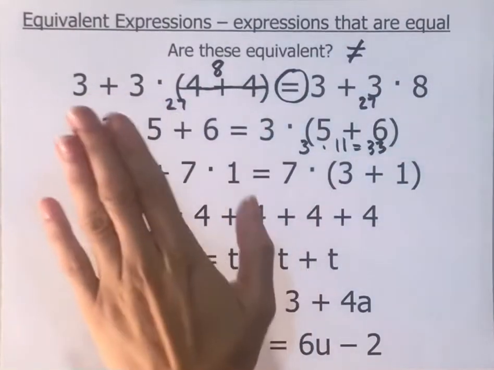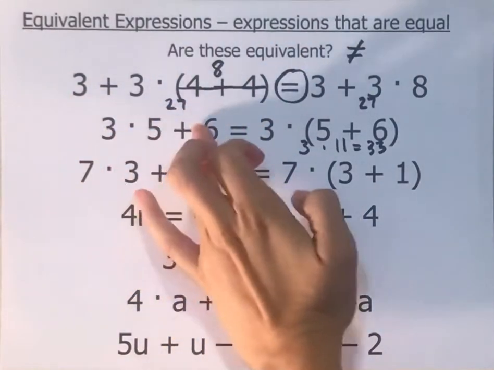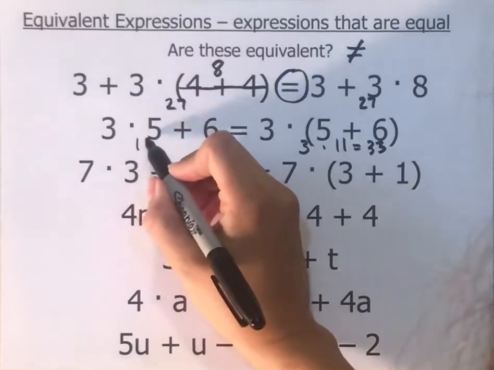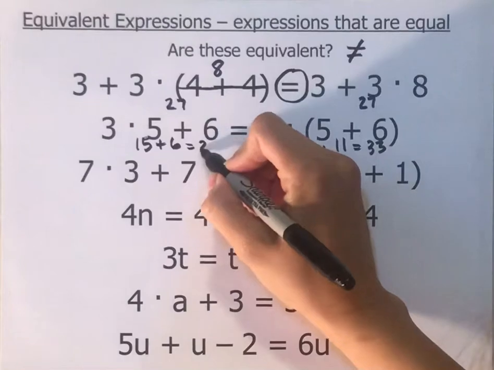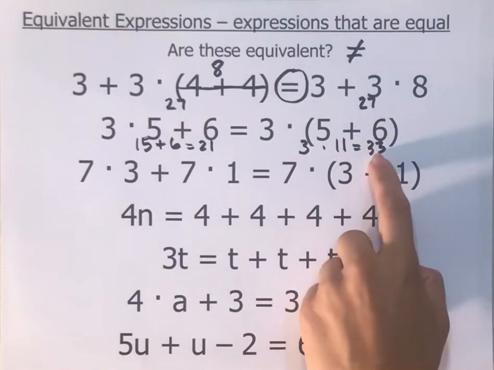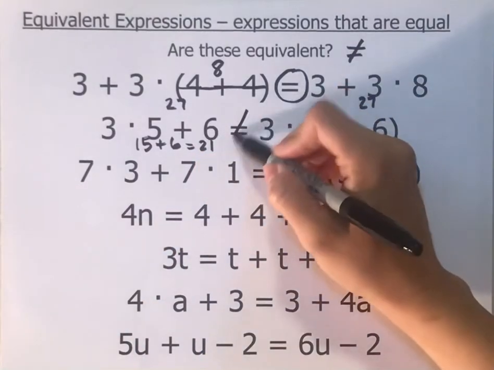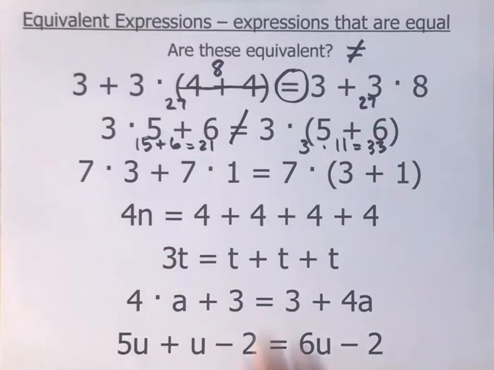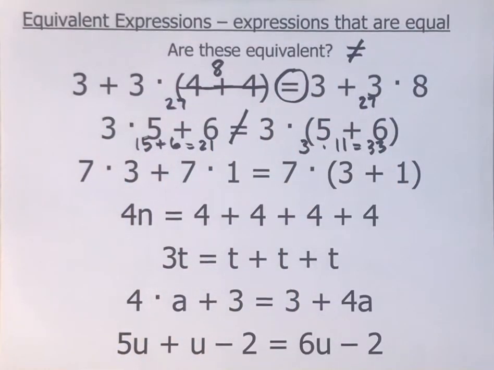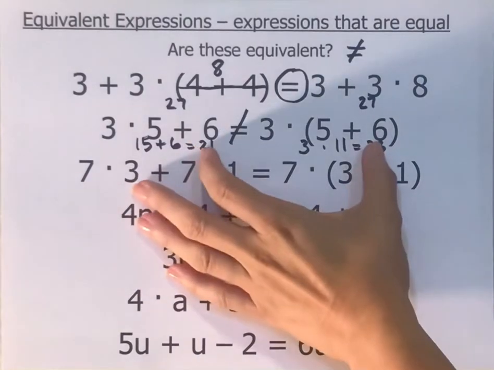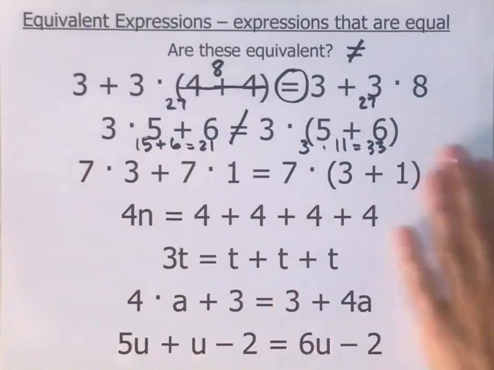Well, this side, PEMDAS says there's no parentheses, so the first thing I need to do is multiplication. So that would be 15 plus 6. And 15 plus 6 equals 21. So as you can see, this side equaled 33. This side equaled 21, so these are not equal to each other. They look the same, but unfortunately when I solve them with order of operations, I get two different answers, which makes this not equal.